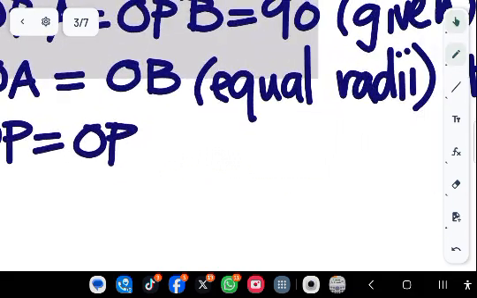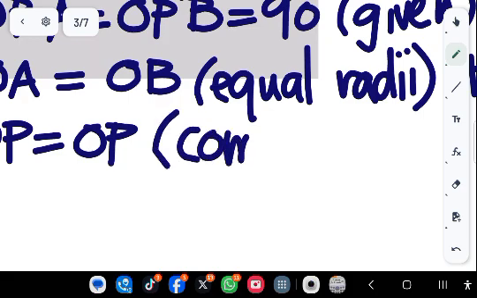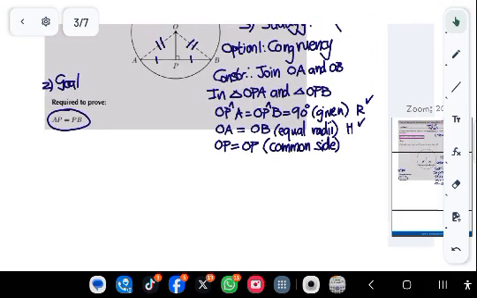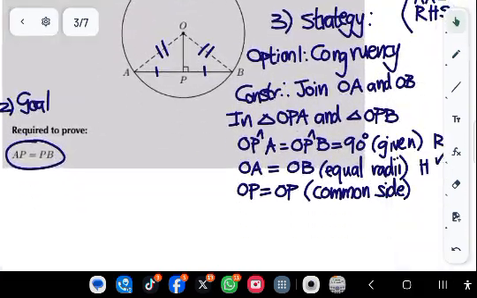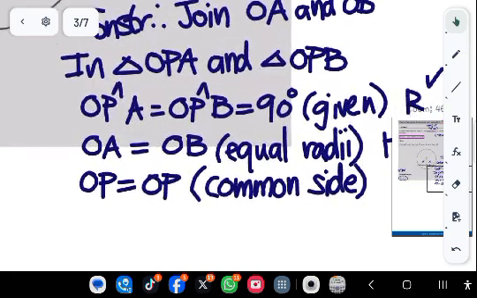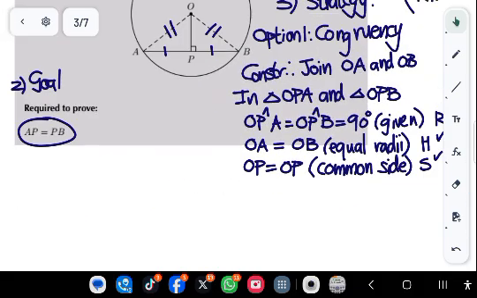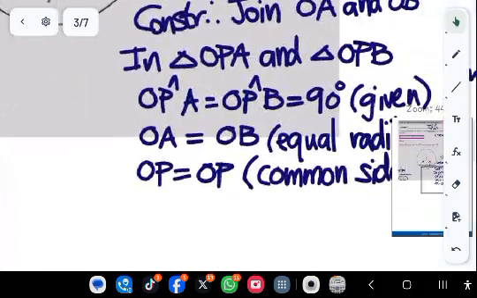OP is equal to OP, and the reason this is the case is that it's a common side. You can just write common if you're lazy. It works extremely well as well. So we've got the R, we've got the H, now the S. Now we can make that conclusion that the two are congruent.